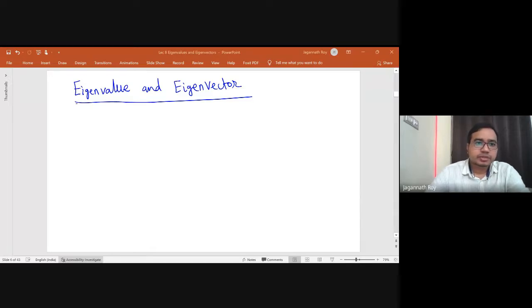The origin of this concept is from German. I think it is from a German word, which means perfect values, or latent values, or some other different names.